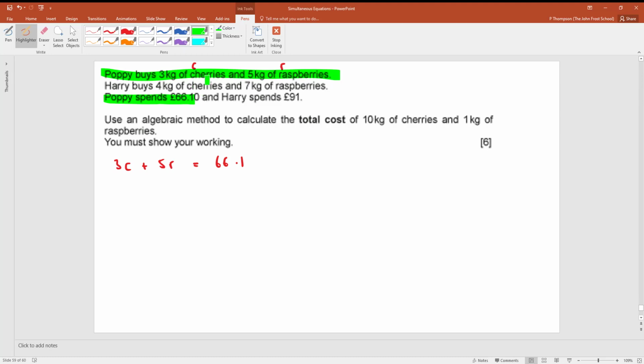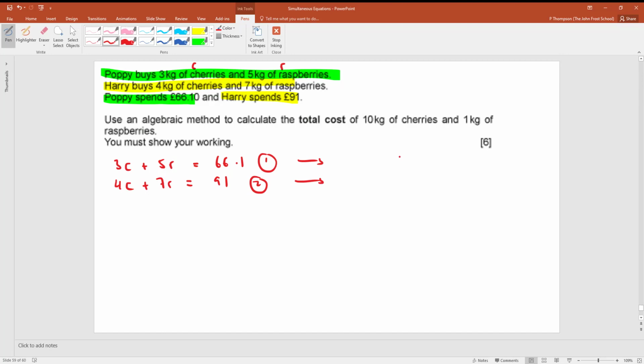So 3 kilograms of cherries and 5 kilos of raspberries must equal that. I've taken a note off the end because it's all the same. I call that equation 1. From the yellow sentence and this bit here, hopefully you were able to write down 4C and 7R equals 91. I call that equation 2.